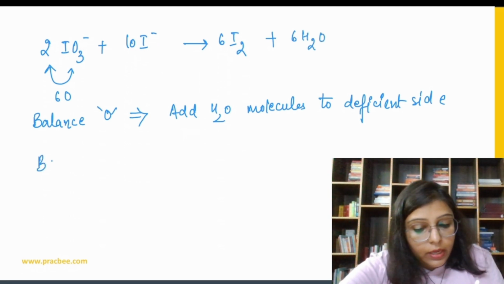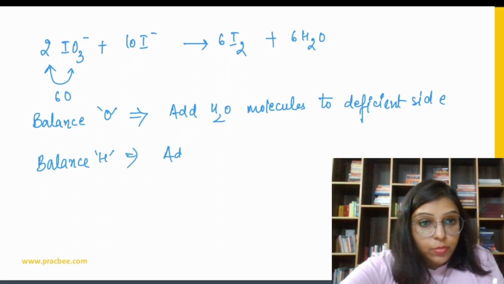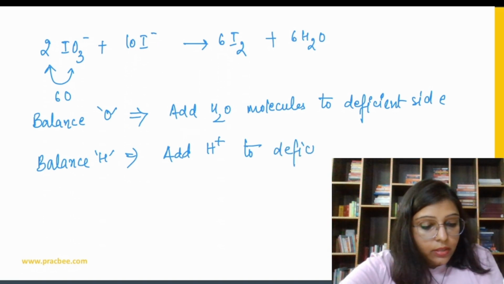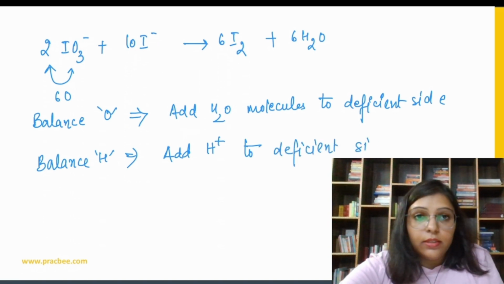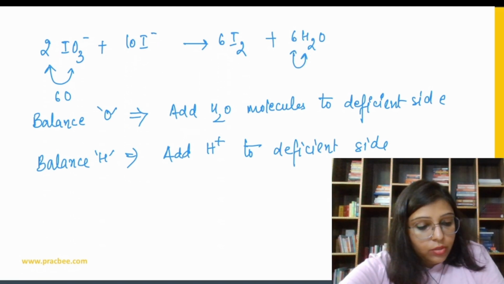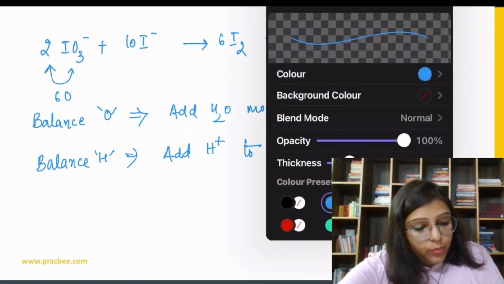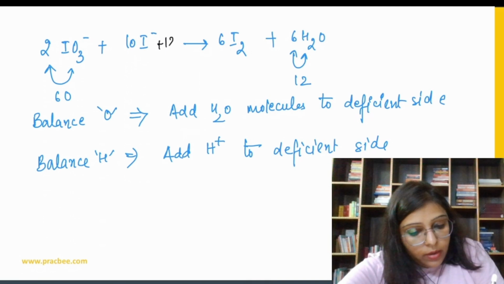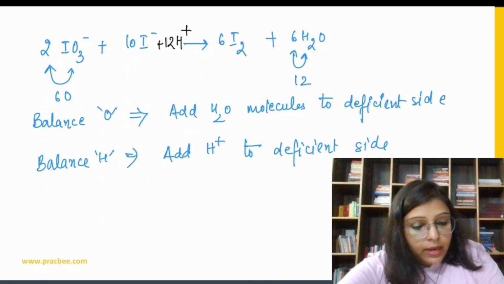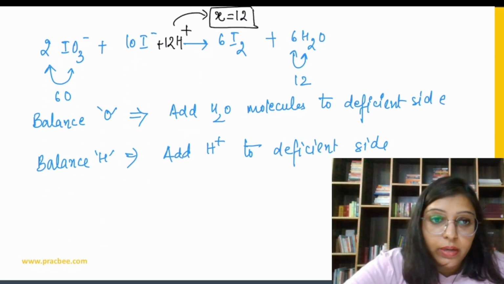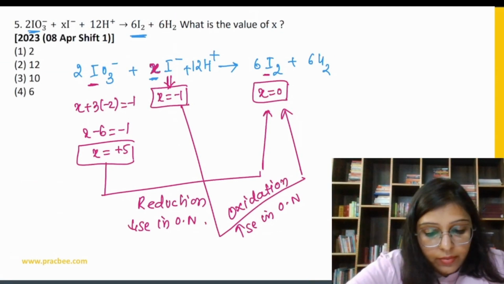Now, in order to balance hydrogen, add H plus to the deficient side. Here how many hydrogen? 12. So here I am going to write 12H plus, and this is the value of x. So the x value is 12.